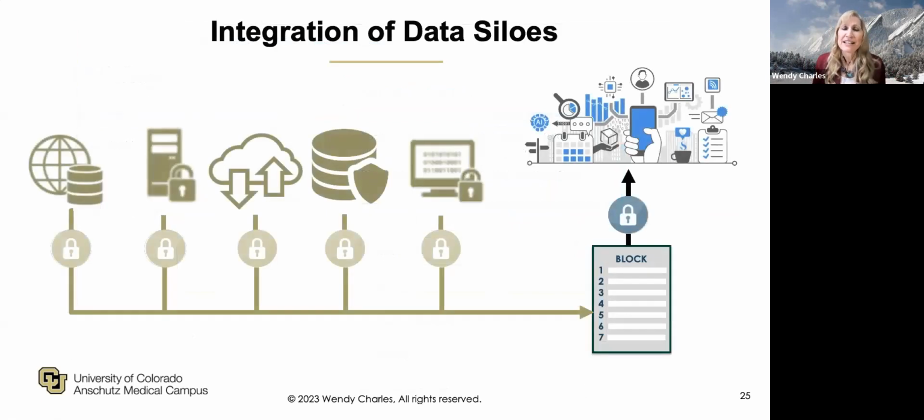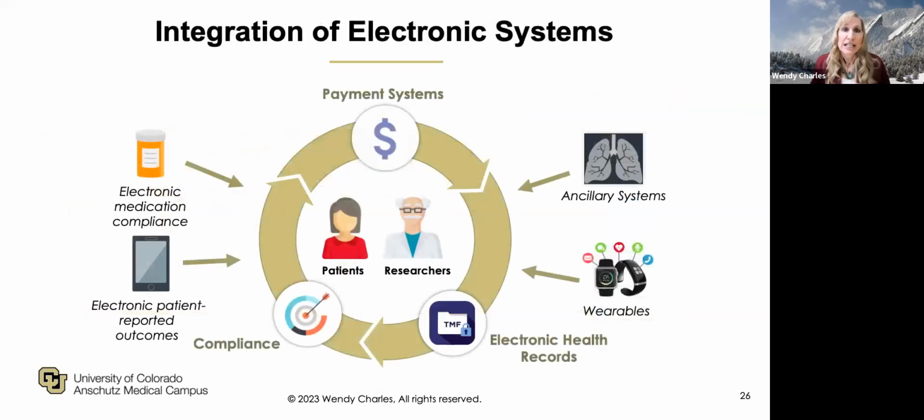For some other features I love about how we utilize blockchain differently is integration of data silos and all of those different data sources that we have that don't otherwise talk to each other, and how to map them and create schema for data sharing much more effectively and efficiently, including connecting systems that don't always talk to each other. This is particularly pertinent in a clinical research study where we may use 10 to 15 different systems.